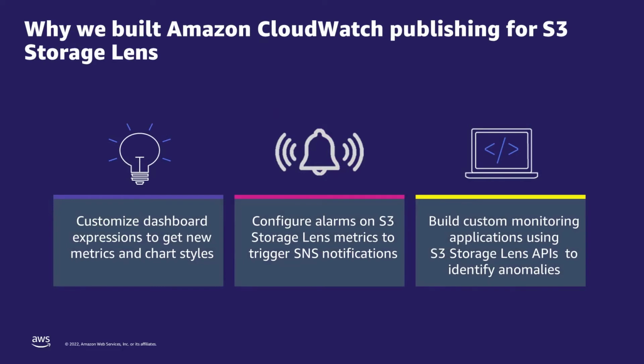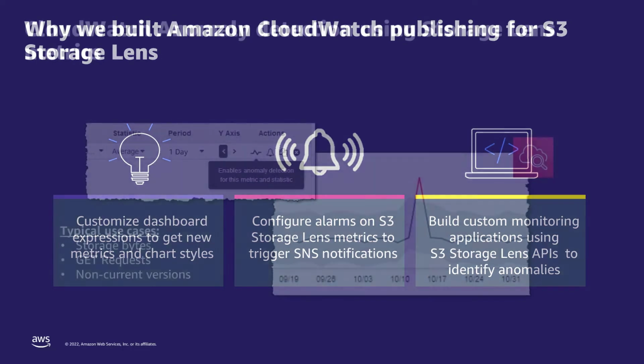Specifically, with the new CloudWatch capabilities unlocked for Storage Lens metrics, you get a unified view across multiple AWS services in a single dashboard. You can also configure alarms to trigger SNS notifications on S3 Storage Lens metrics. And finally, through CloudWatch, you're able to access your metrics via API so you can build custom applications.